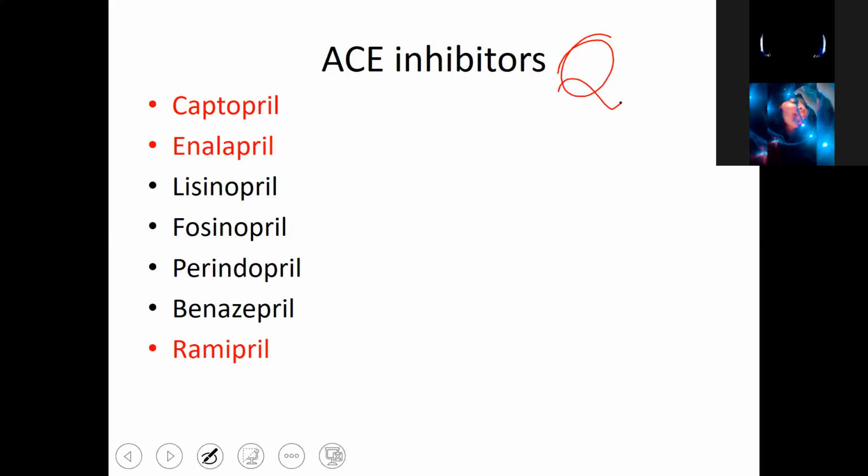But you can see all the drugs end with pril: captopril, enalapril, lisinopril, fosinopril, perindopril, benazepril, ramipril. One more is quinapril. A few more prils are also there, so it is difficult to remember all of them.